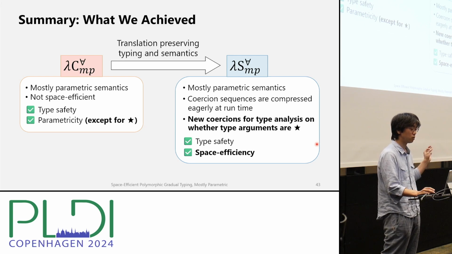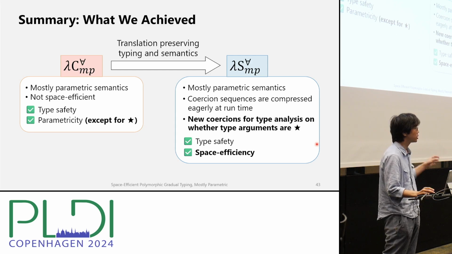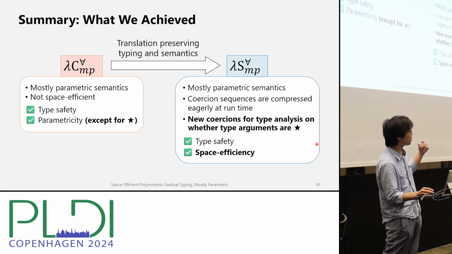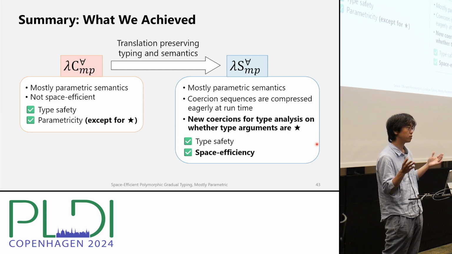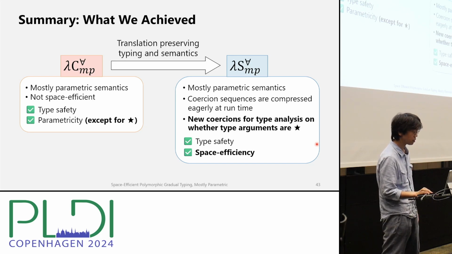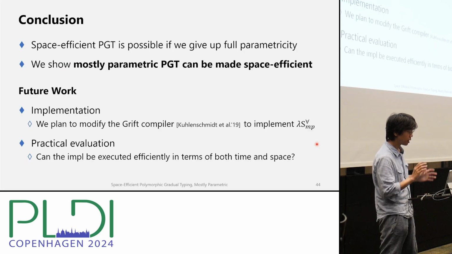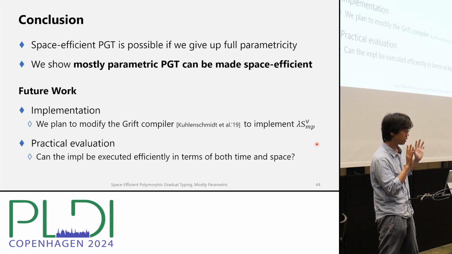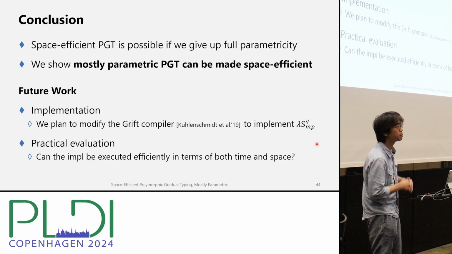But to do so, we also introduced new coercions, which are necessary to represent type analysis on whether a type argument is dynamic or not. But I skipped the details in this talk. Okay, this is all of my talk. Thanks for listening.